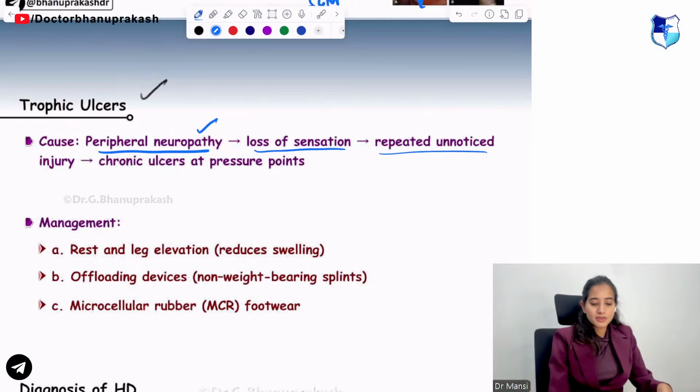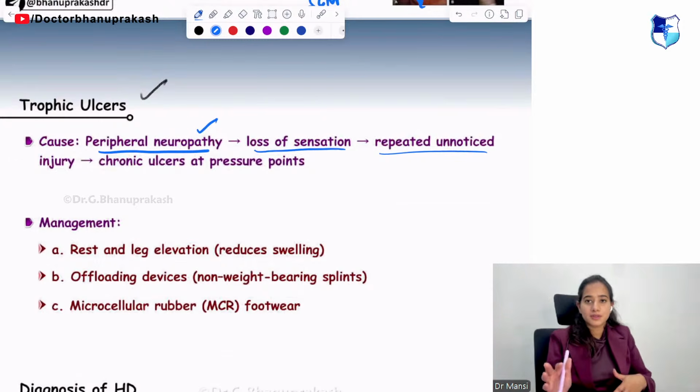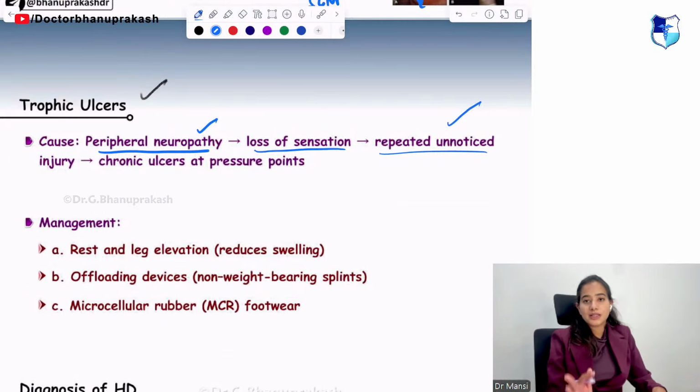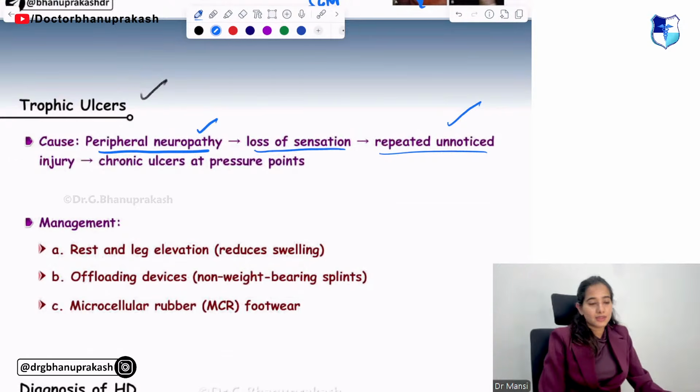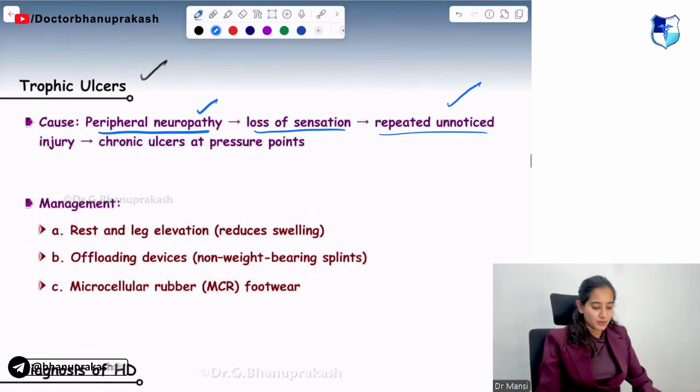The patient cannot sense if he's touching some hot object, and if he's walking on a rough surface, usually you would have pain, so you wouldn't do that. But these patients with leprosy have loss of sensation, so there will be repeated unnoticed injury, which is going to cause chronic ulcers at the pressure points, wherever they put pressure.